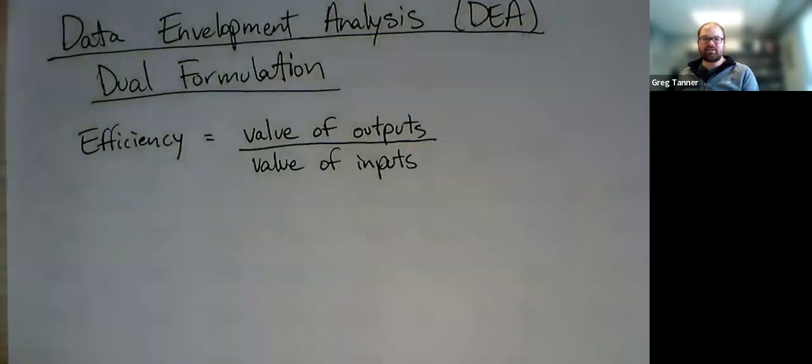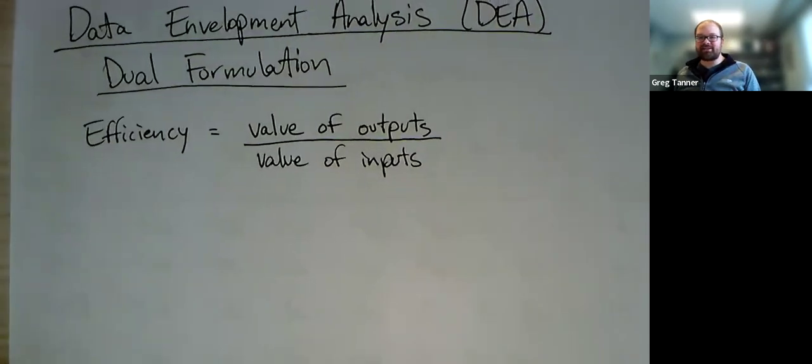The beautiful thing is that we don't actually have to assign the values, but let's say we were working in a scenario where we could put a dollar value on each of our inputs and each of our outputs. The easiest example is a production scenario where we've got a workshop, and maybe there are many workshops working in parallel.